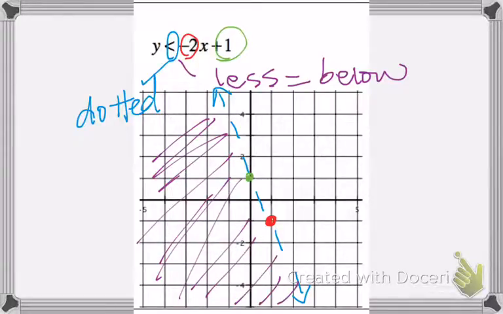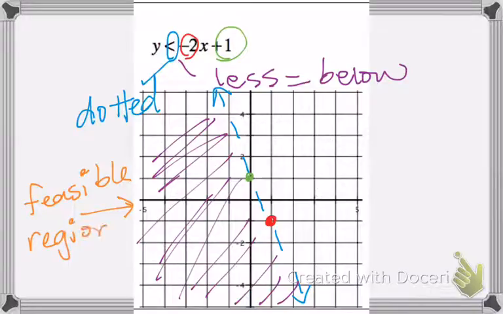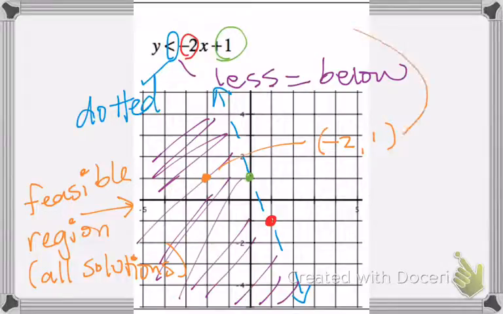Okay, so we forgot to label what this region is. So basically what this is out here is called the feasible region. And it contains all solution points. So if I were to take, for example, this point right here, which is -2, 1, and plug it in here, I would get a true statement.